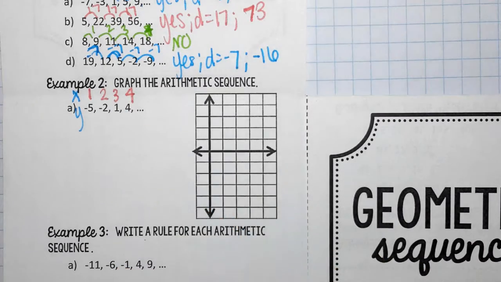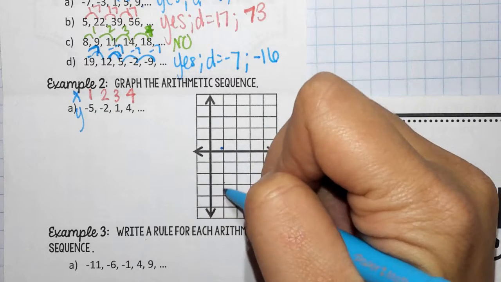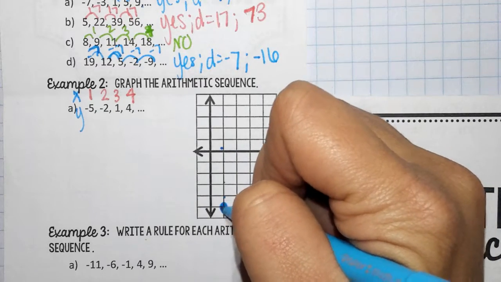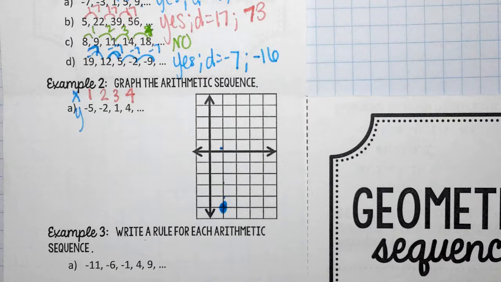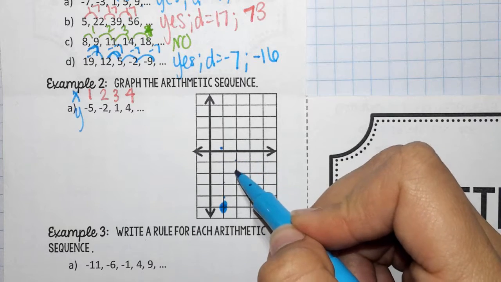So the first term is 1, negative 5. So we would go right 1, down 1, 2, 3, 4, 5. Just wait. Does everybody see how we got there? All right, then we have 2, negative 2. So we go right 2, down 2.